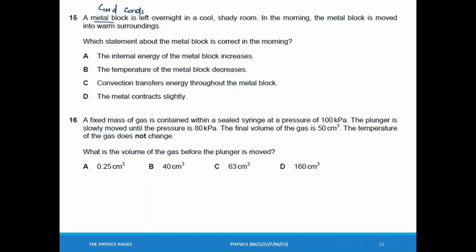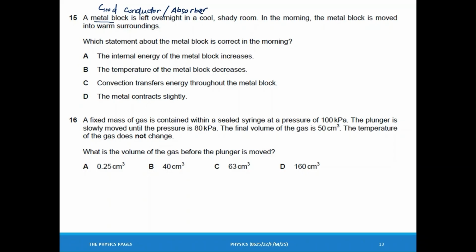So it's a good conductor, and also it's a good absorber and good emitter of heat.